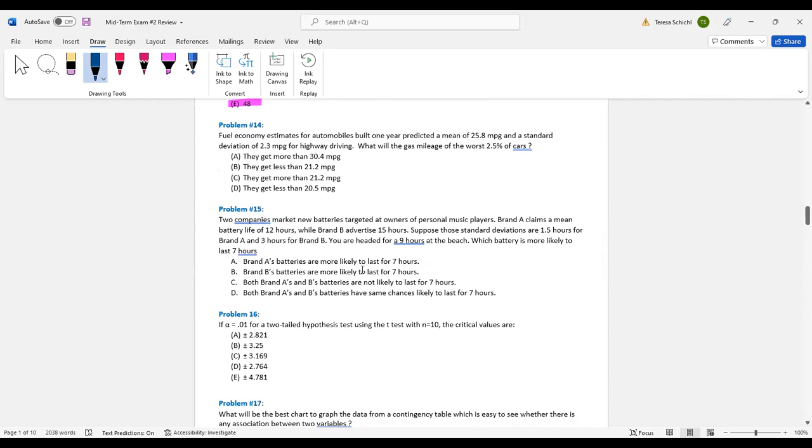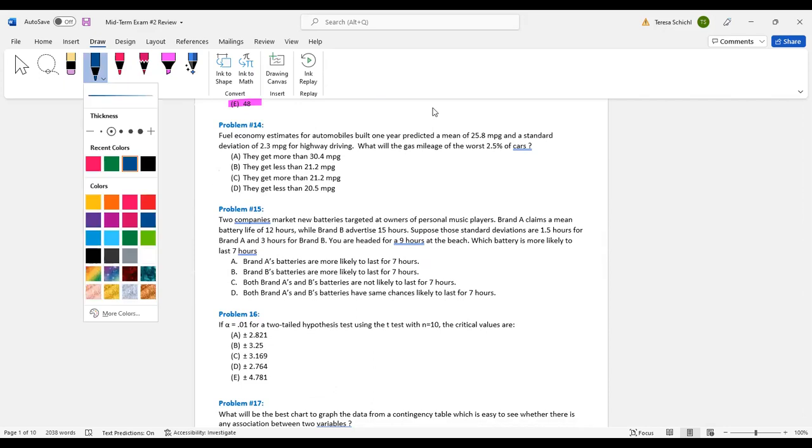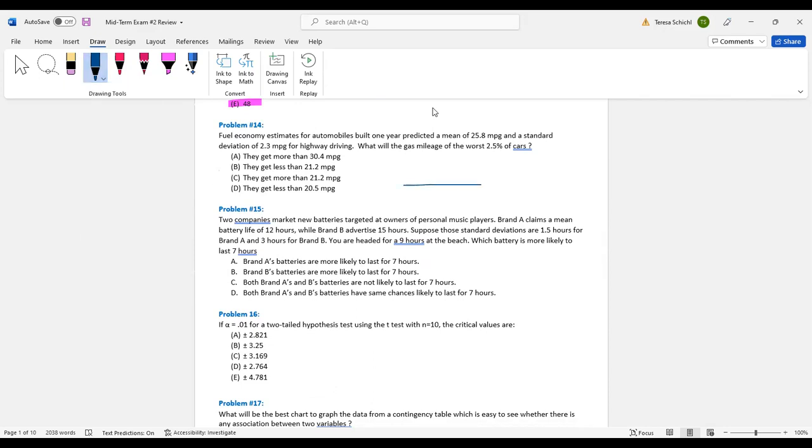And the standard deviation is 2.3 miles per gallon for highway. What is the gas mileage worth 2.5% of the car? Okay, so let's take a look here. Let's draw pictures here. All right, so here in general, the mean is 25.8. Then they want to see the worst 2.5%.